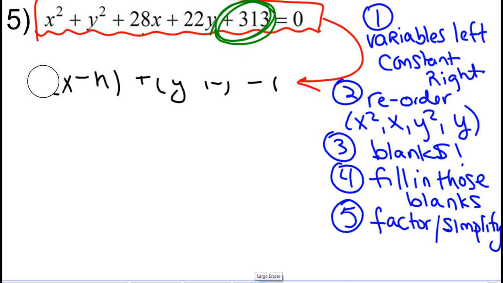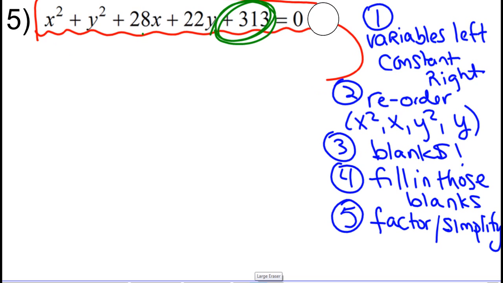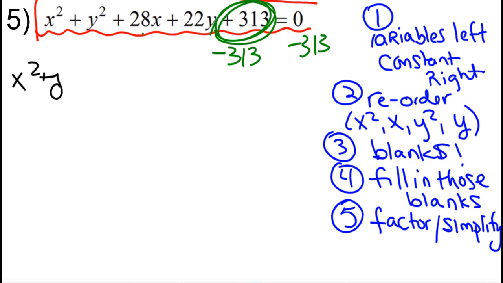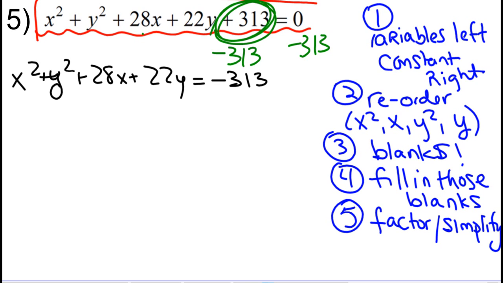So I'm going to erase this, because I need the space, and I'm going to subtract 313 from both sides. When I rewrite this, I will have x squared plus y squared plus 28x plus 22y equals negative 313. So step 1, done.